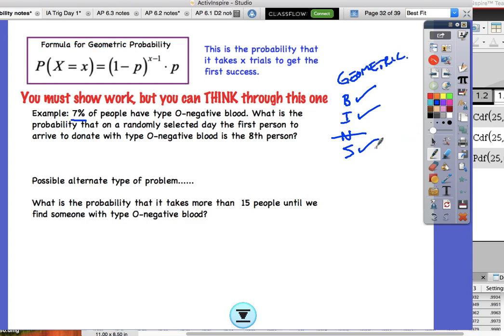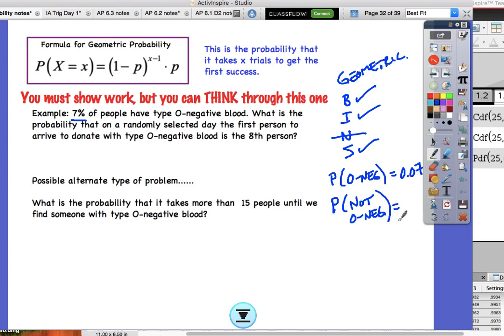Now if the probability of having O negative blood is 7%, then what would the probability of not having O negative blood be?